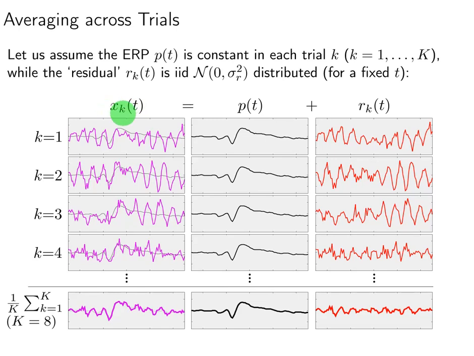We record an EEG signal, which consists of ERP plus noise, across several trials. We see K1, K2, K3, K4, all representing different segmented EEG signals.